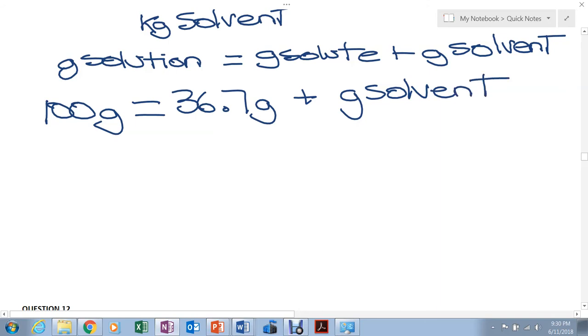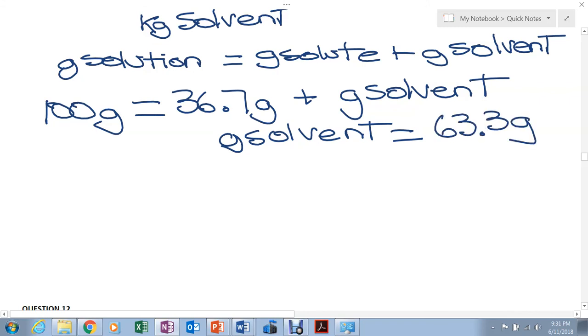So the grams of solvent would be 100 grams minus 36.7, and this gives me 63.3 grams of solvent.